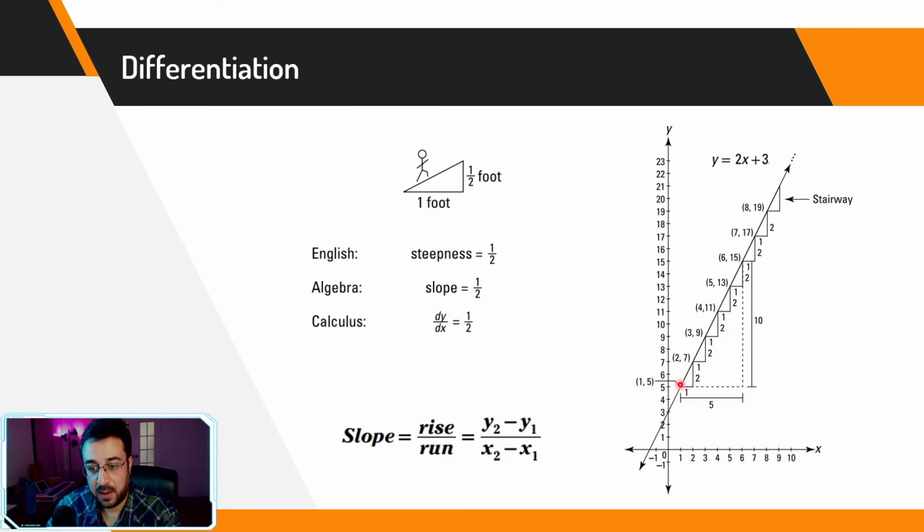If you want to go from this point all the way to this point, the run here is 5 and the rise is 10. 10 over 5 gives you a slope of 2. So it doesn't matter where you measure the slope for the same curve, as long as it's a linear representation of the function, your slope will be the same, which makes sense.